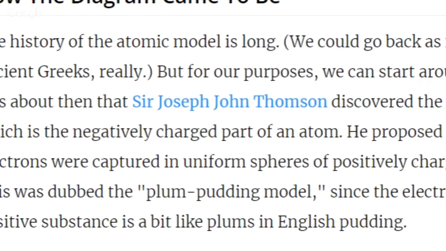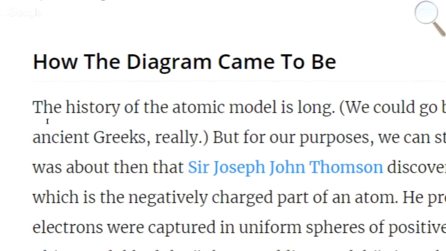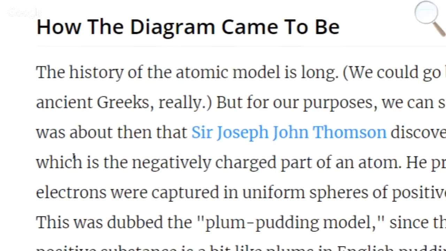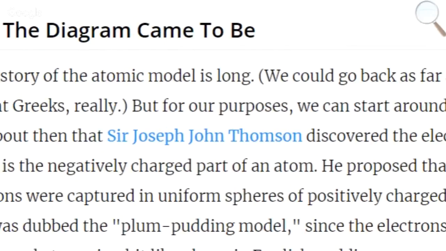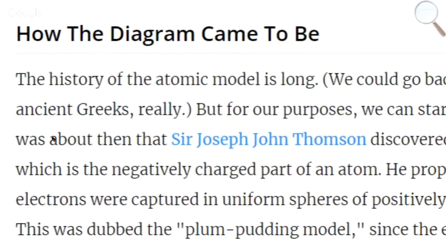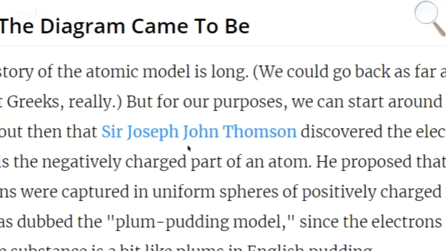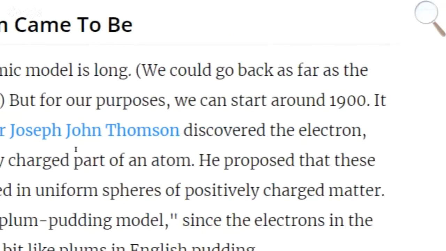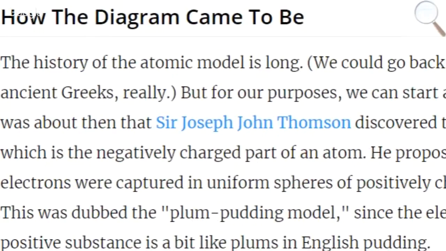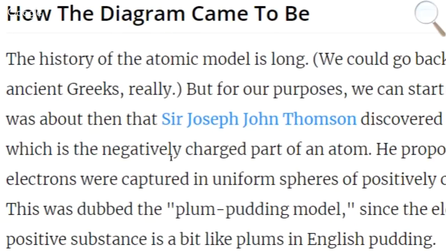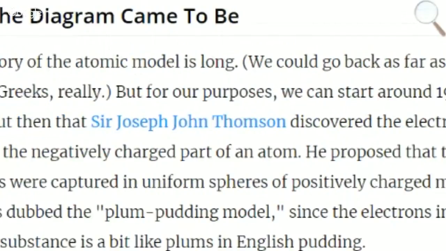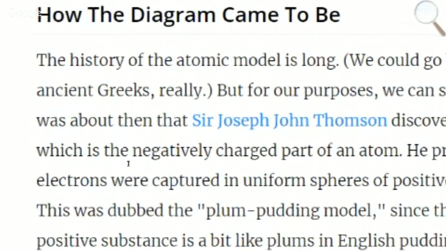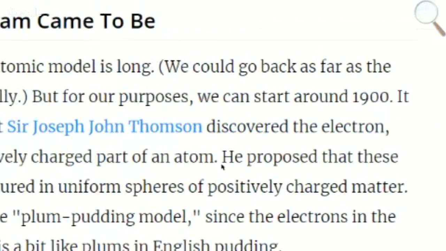Nanotechnology. So how the diagram came to be. The history of the atomic model is long. We could go back as far as the ancient Greeks, but for our purposes, we can start around 1900. It was about then that Sir Joseph John Thomson discovered the electron, which is the negatively charged part of the atom.